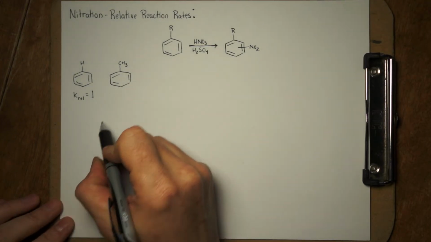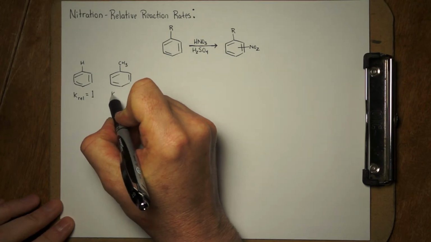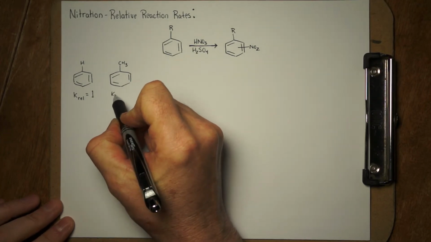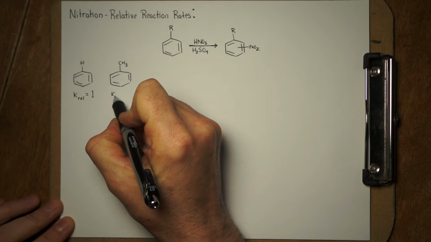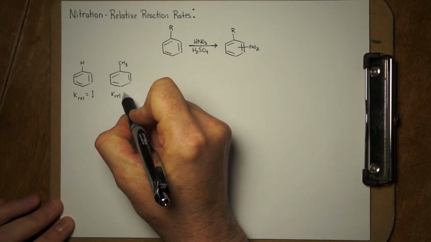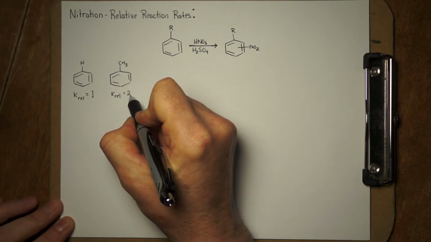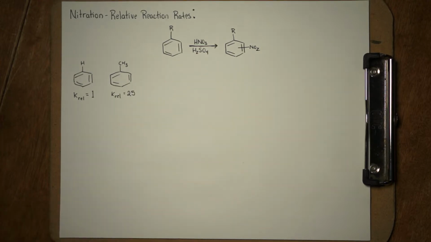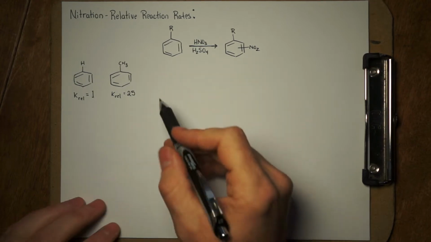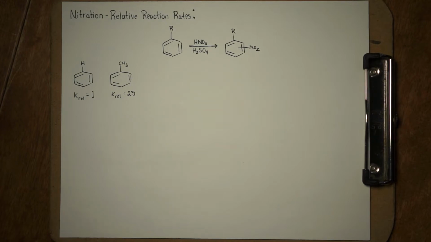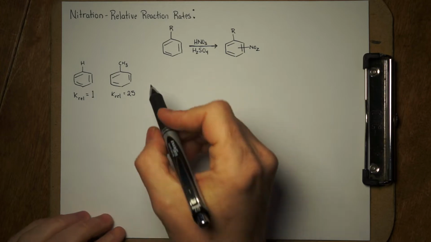So in this case, we would expect the K-rel to be greater, and in fact, it is. So relative to the nitration of benzene, the nitration of toluene is going to be 25 times as fast. So the rate is increased 25 times by putting a methyl group onto that position. So a methyl group is already much faster than benzene itself.